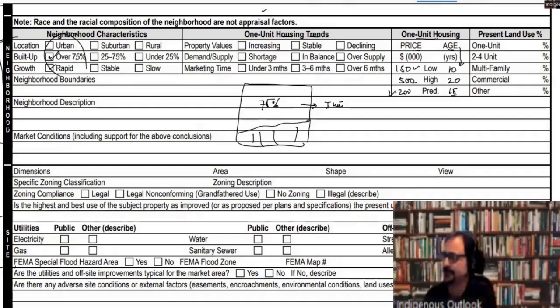The appraiser is telling us that out of the 75% that has been occupied, almost 35% is occupied by one unit property. 2 to 4 unit property, they might tell it is only 15%. Multi-family, where multiple families are living, they can write it is almost 40%. And commercial, they can tell 10%. This is how this 75% is being covered here.